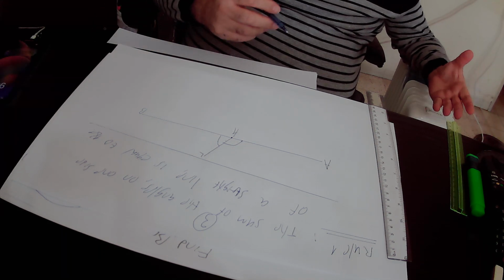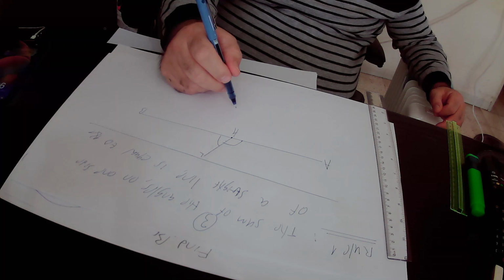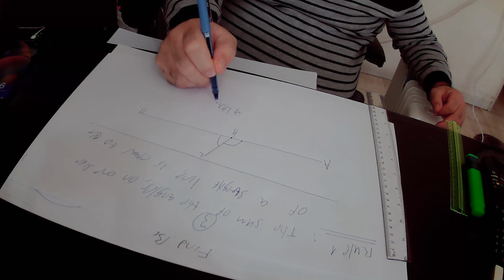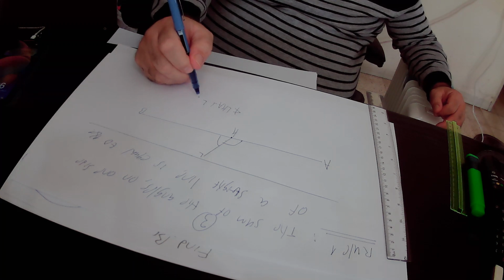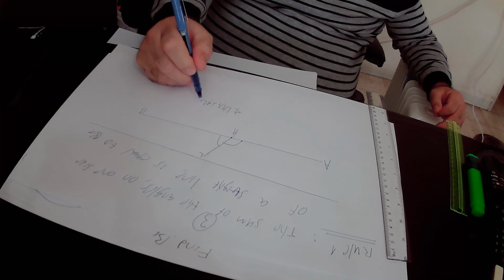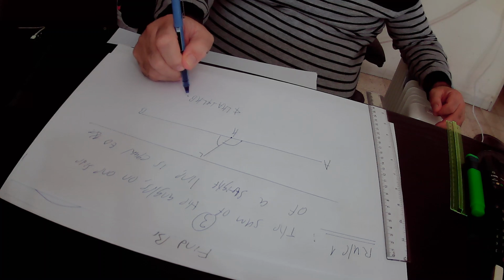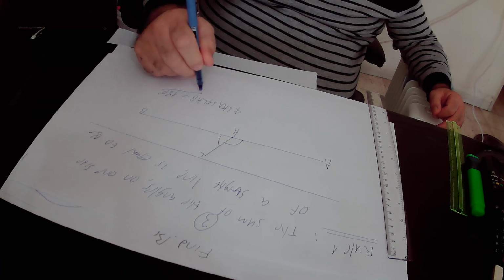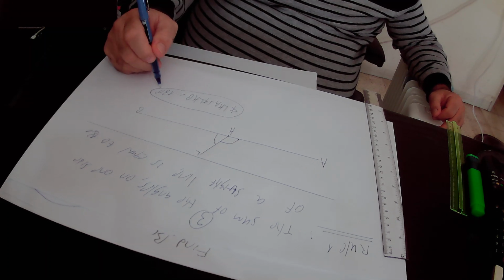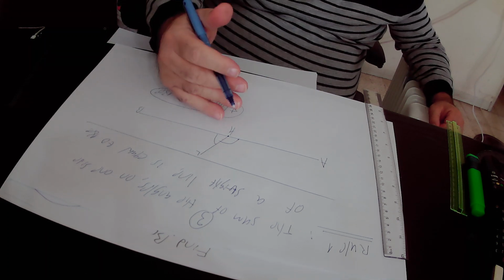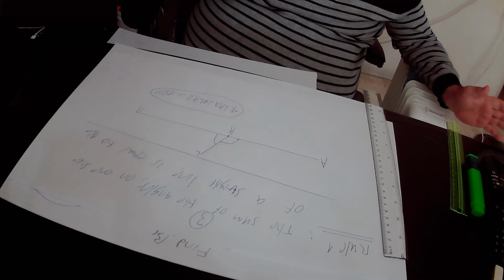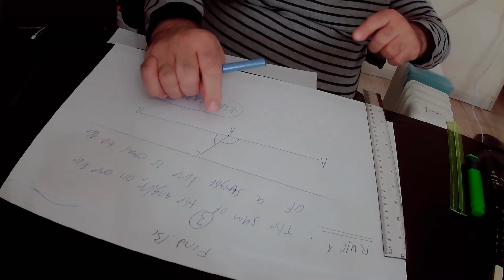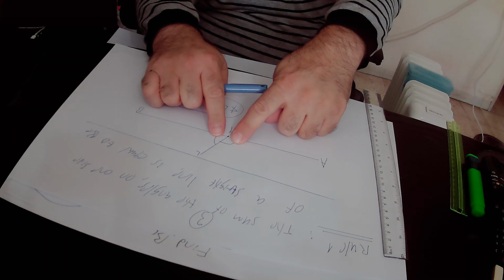And according to rule number 1, the sum of those two angles, that is to say, angle LKA plus angle LKB must be equal to 180 degrees. That is to say, the sum of the angles on the upper side of the straight line AB at point K must be equal to 180 degrees.